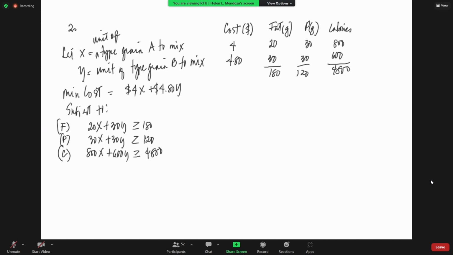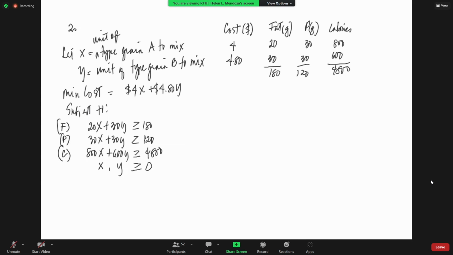So yun na yun, no? So wala na ba tayong naiwan? So wala na pong siyang ibang binigay na restriction other than the restrictions associated with fat, protein, and calories. So we have the non-negativity restriction. So this is greater than or equivalent to 0.